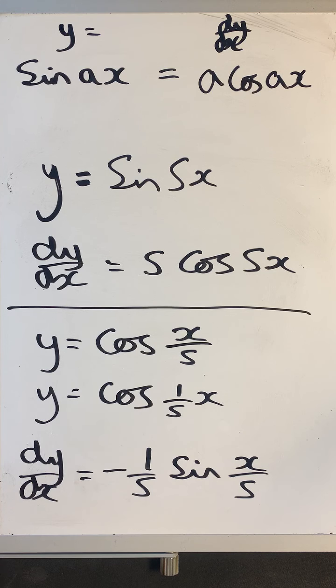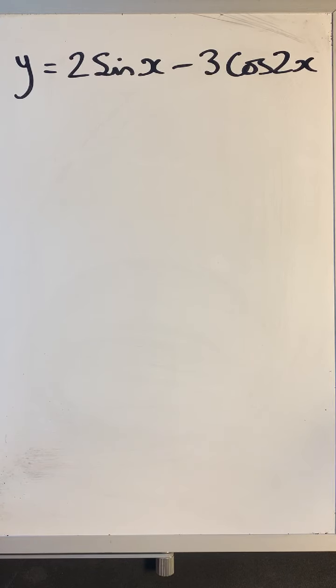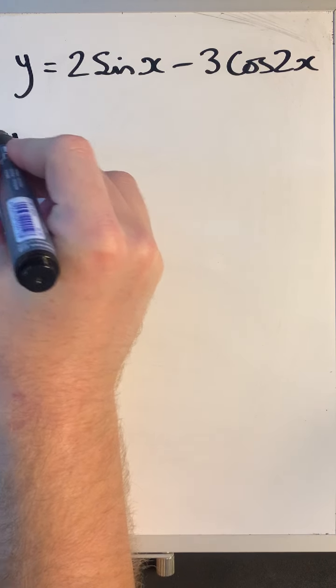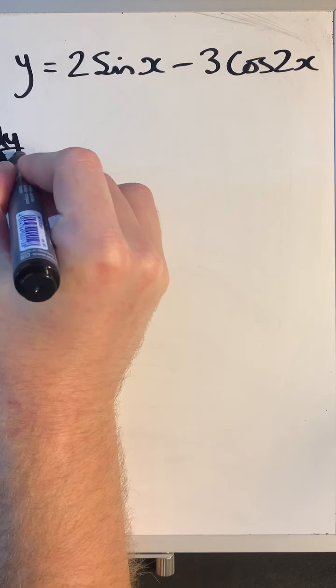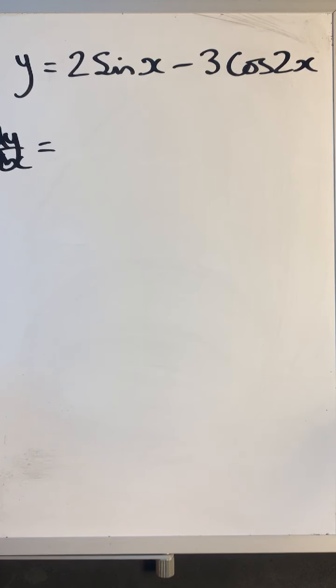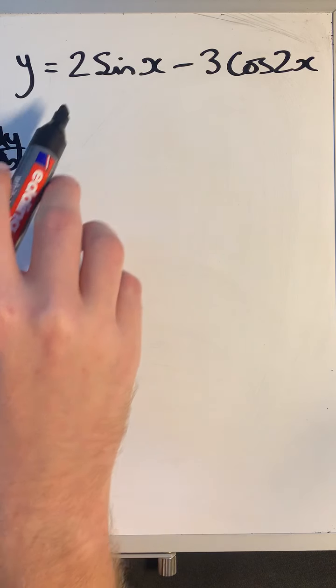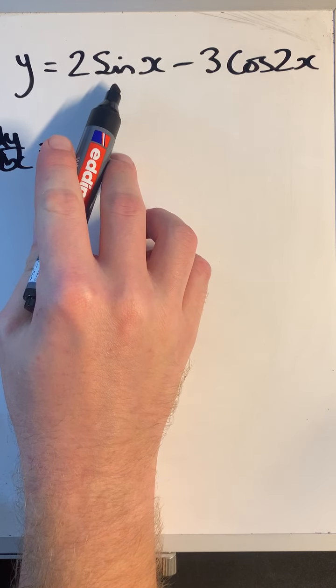Very, very important when we get on to the product rule, quotient rule and chain rule later on. As long as these terms are separate, we can differentiate them separately. In this case, if we wanted to differentiate this function, we've got 2 multiplied by the derivative of sine x.